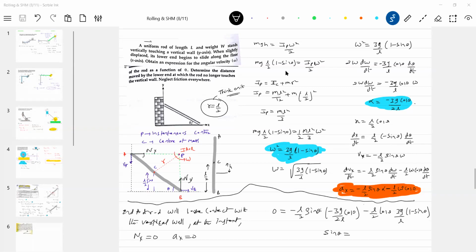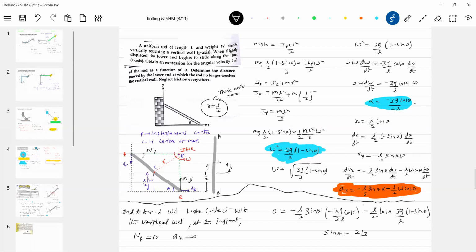L by 2, so the 3g by 4, or 3g by 2 cos theta will get eliminated. So only sine theta terms will be there. Sine theta is 2 by 3, fine. When the rod makes an angle theta equal to sine inverse of 2 by 3, it loses contact. Okay, we got this one.